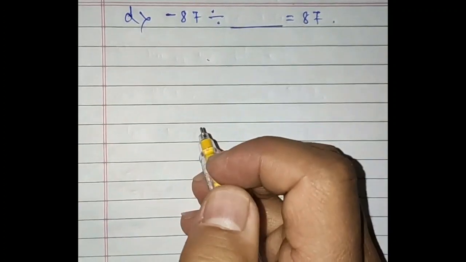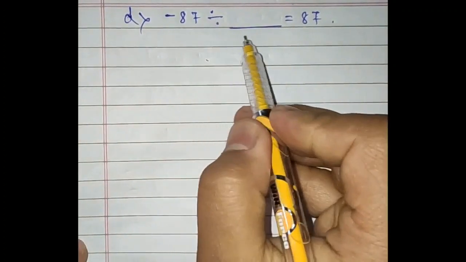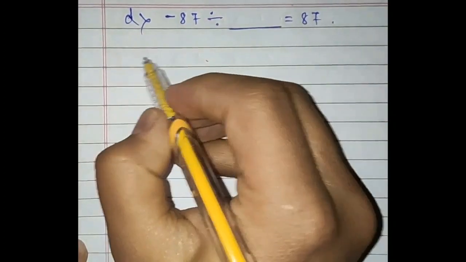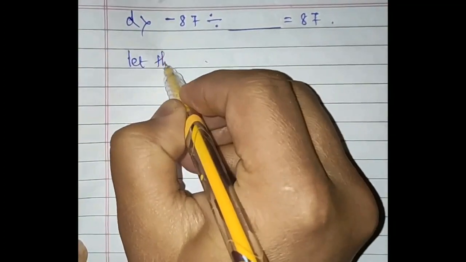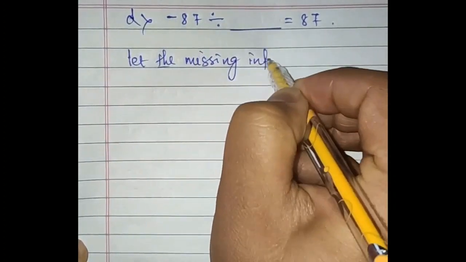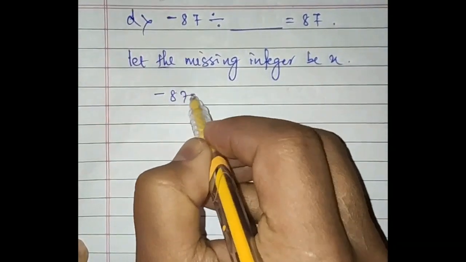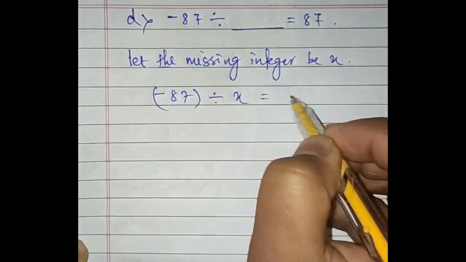Okay student, this is our next question here. Number D, minus 87 divided by blank is equal to 87. Alright. So let the missing integer be x. So we can write minus 87 divided by x is equal to 87.